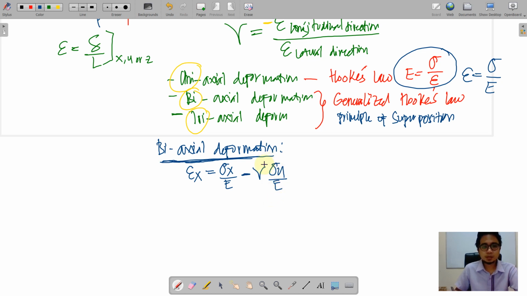Okay, so that is for the biaxial deformation. So it includes longitudinal less the lateral strain multiplied by the Poisson's ratio. So moving on to the triaxial deformation.